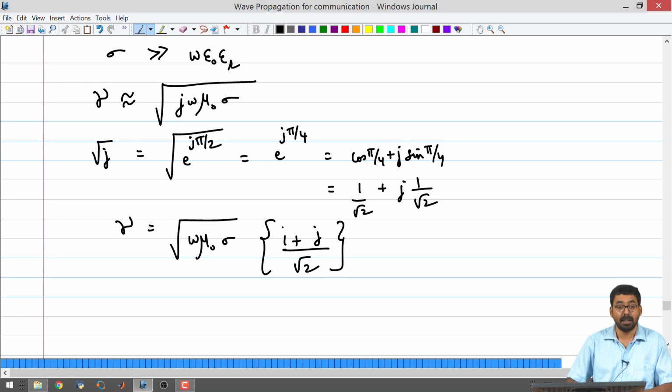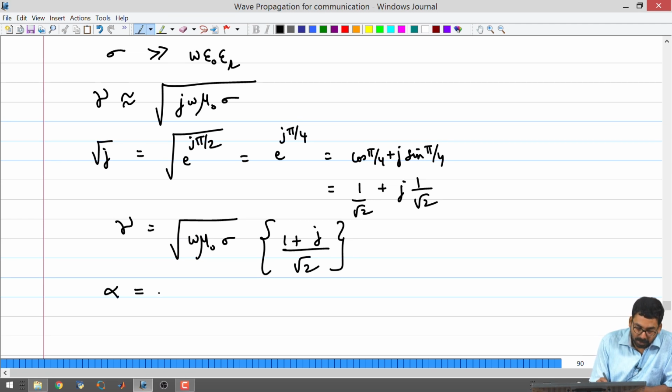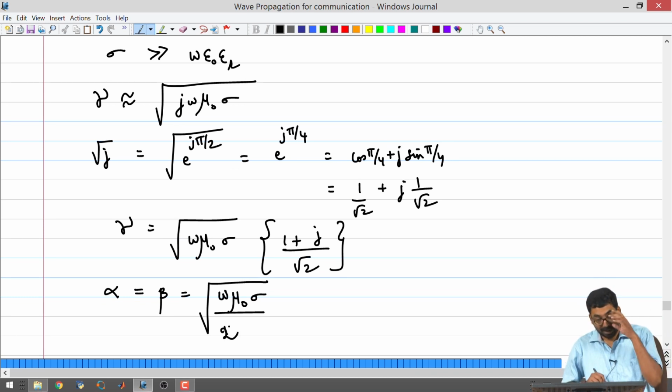The other observation that we make over here is when sigma is very much greater than omega epsilon naught epsilon r, it is a peculiar case where alpha is equal to beta and it is just square root of omega mu naught sigma divided by 2. This is also something which is simpler.